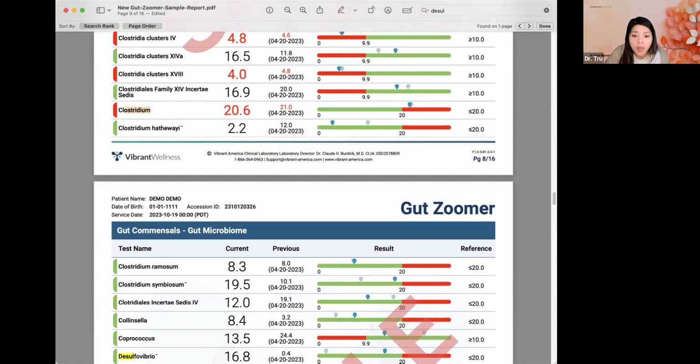When they overgrow, their waste products can negatively alter the brain and your nervous system, and have been implicated in autism, ADD, ADHD, OCD, seizures, psychosis, and depression. So this is the group of bacteria that I pay very close attention to in mood disorders and autism and brain dysfunction, brain fog, all right? And pretty much those are the main things that you want to look at.